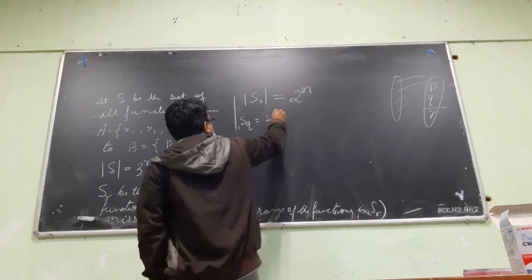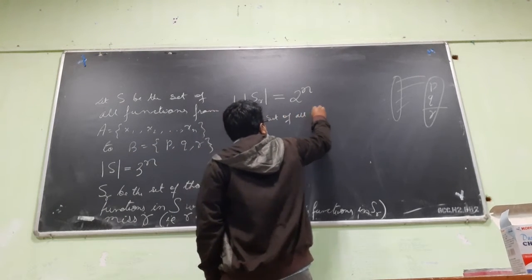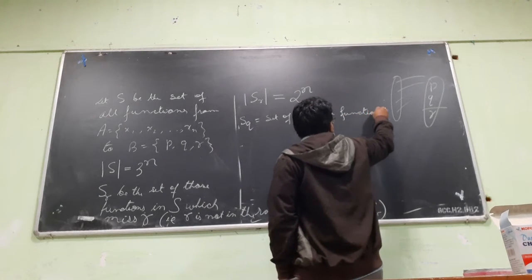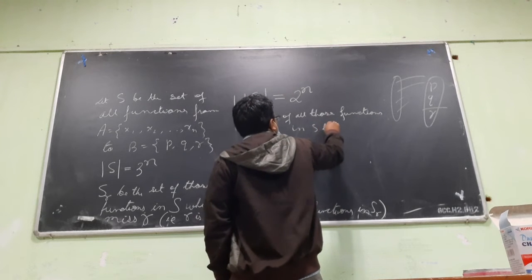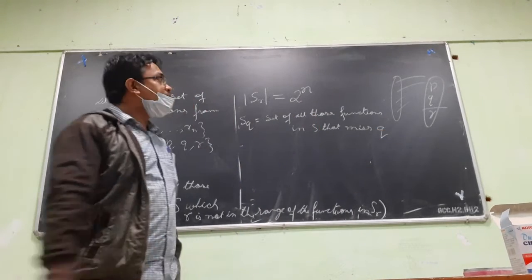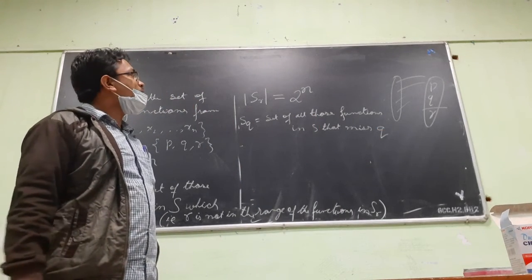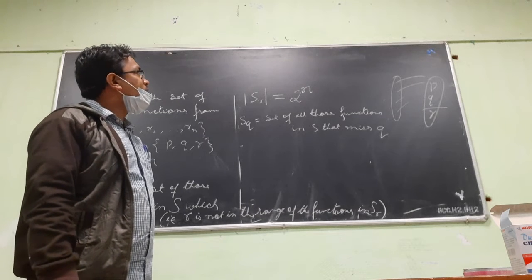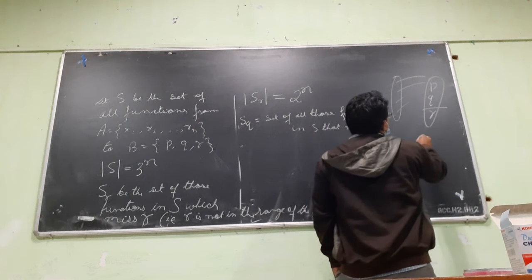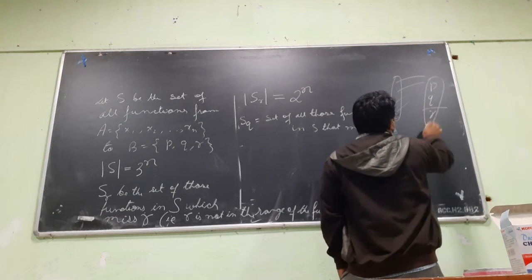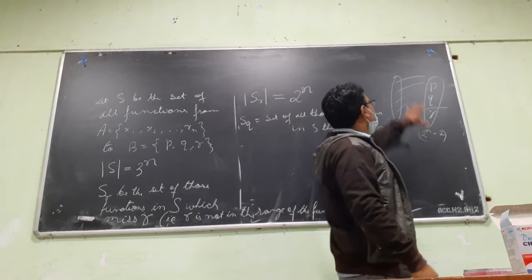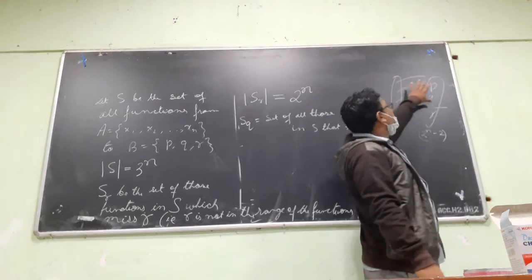SQ is the set of all those functions in S that miss Q. In that case it is 2 to the power n minus 2, the number of onto functions from this set to the set PQ.